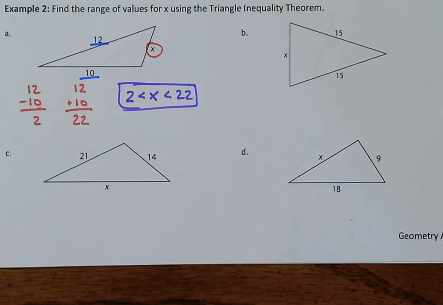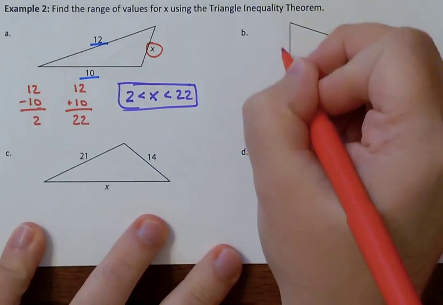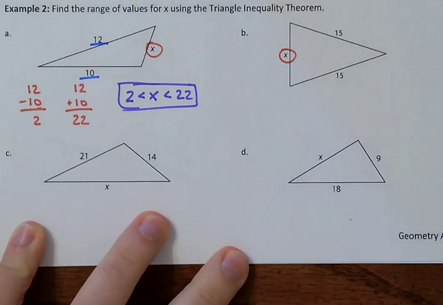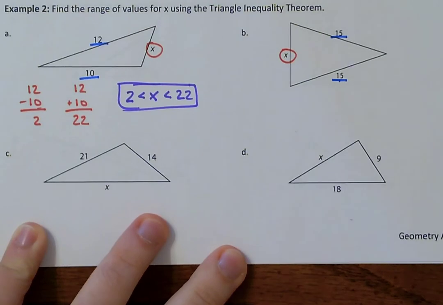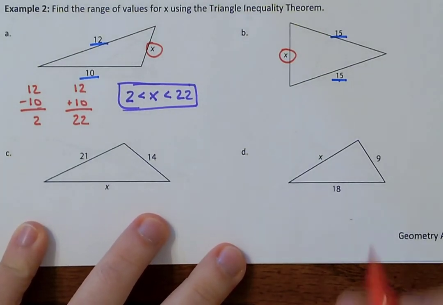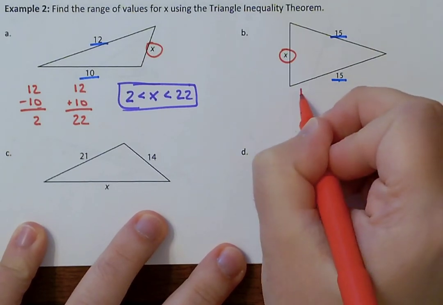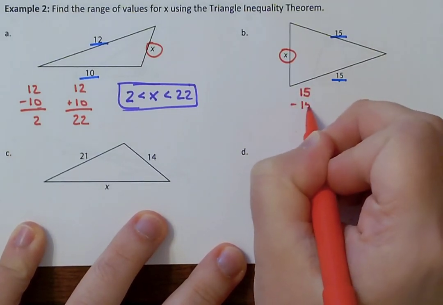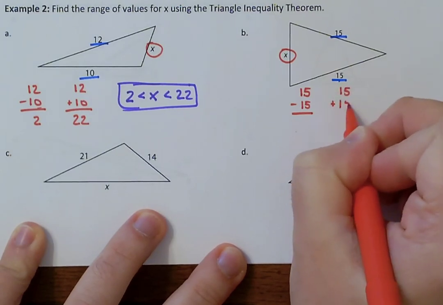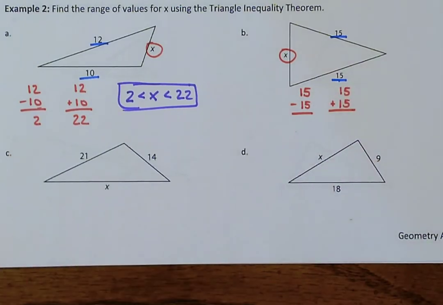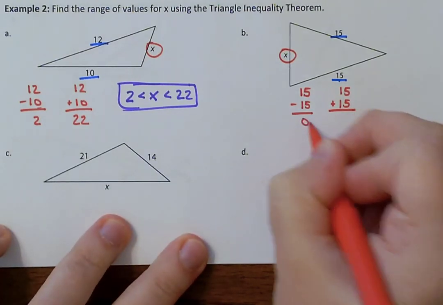Alright, so if we continue on with that, for B, again we have x for our missing side length, and then they tell me this side is 15, and this side is also 15. Knowing that, we're going to take 15 and 15. We're going to do 15 minus 15, and 15 plus 15. So if we do 15 minus 15, we get 0.